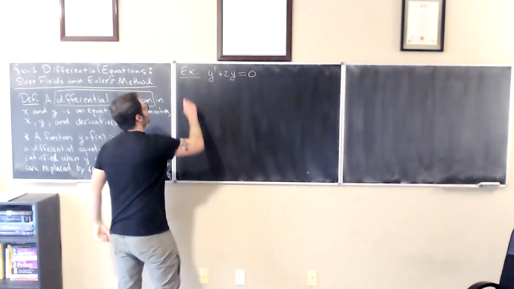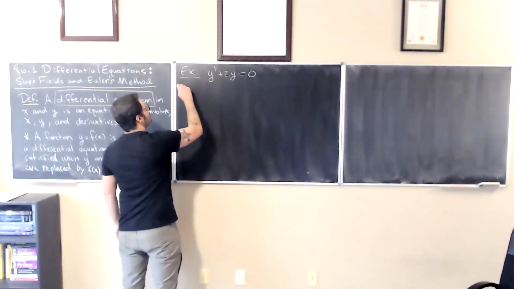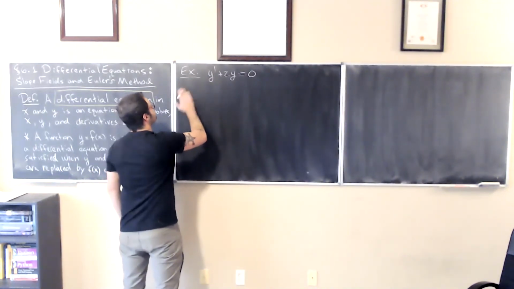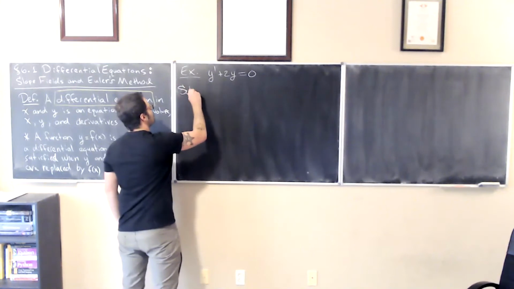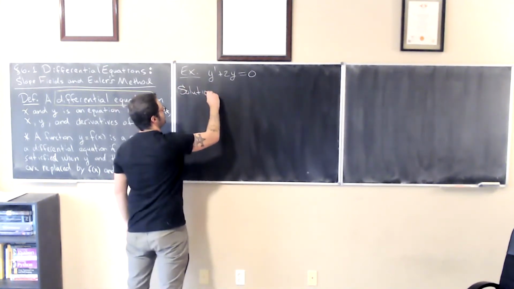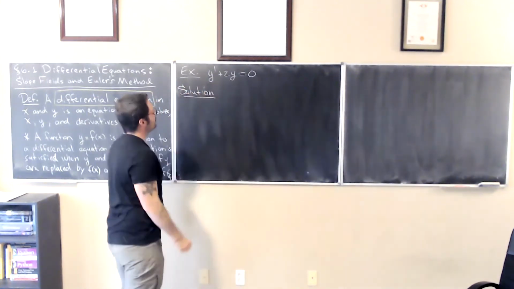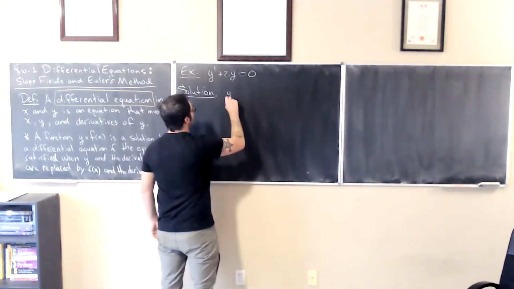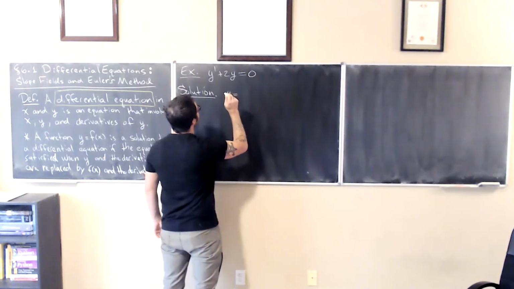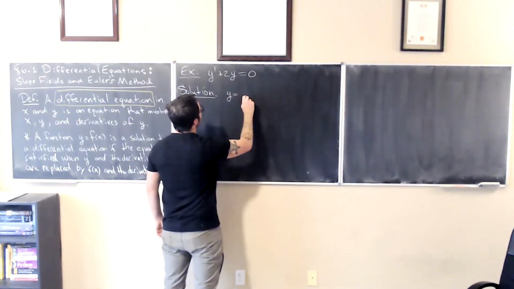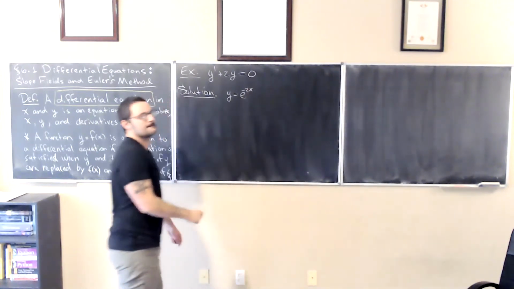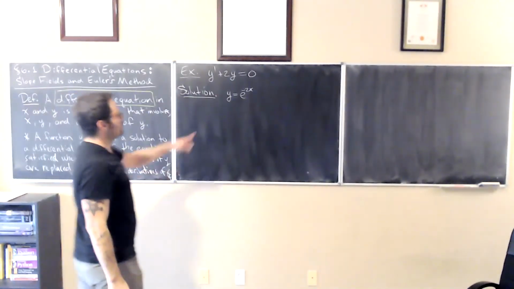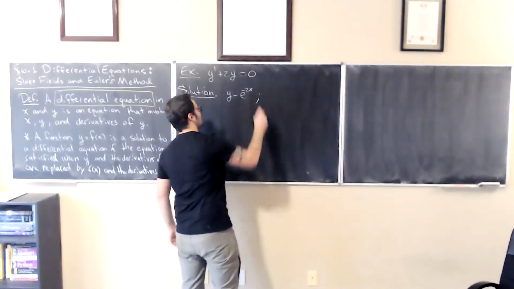Well, maybe one such solution to this could be y is equal to e to the power negative 2x. So why is this a solution?